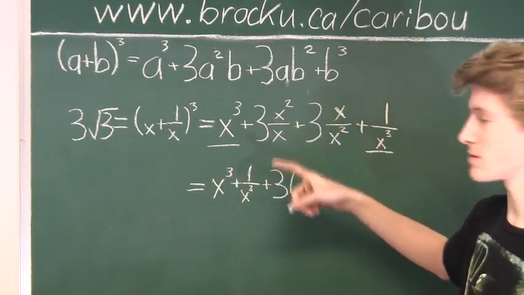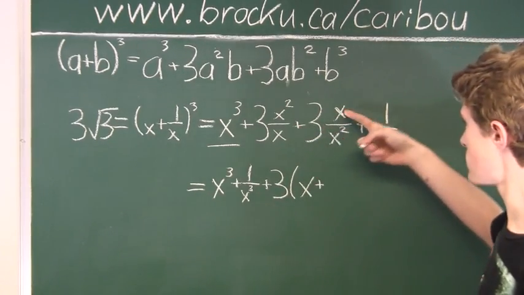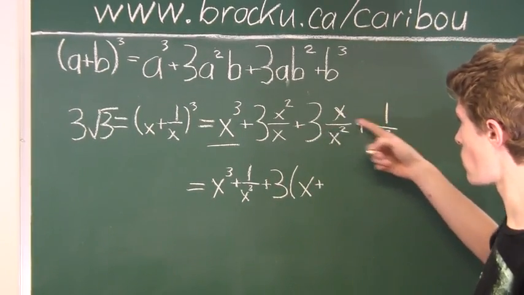So we know that the x cancels out, so we just have x plus, then the x cancels out, so we have 1 over x.